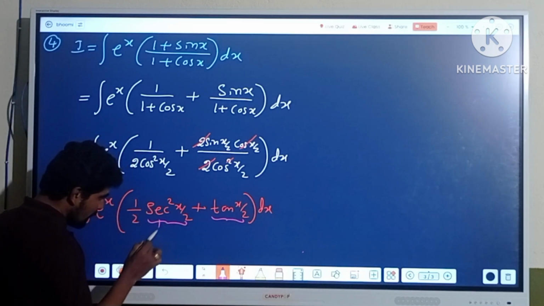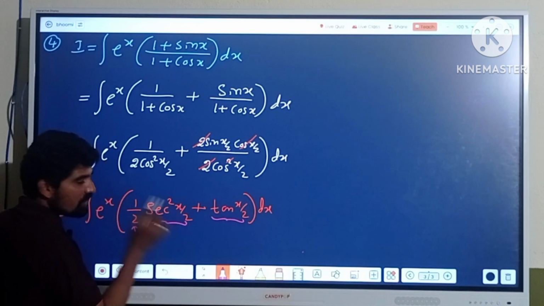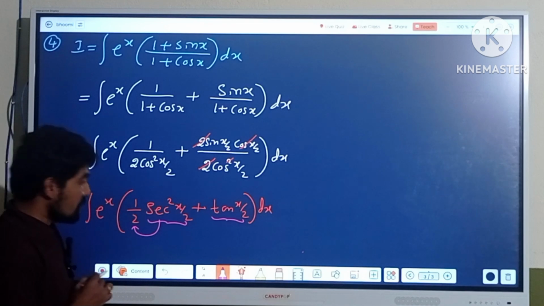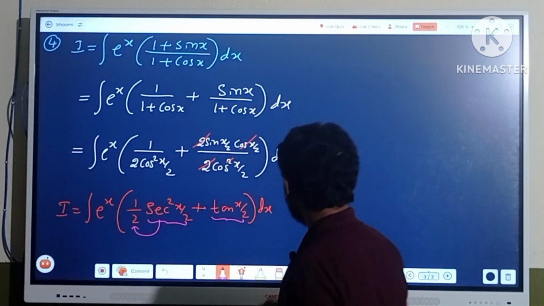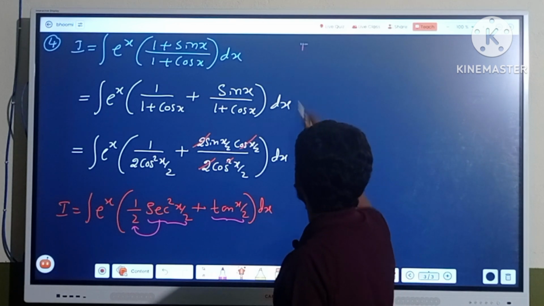Secant square x by 2 into 1 by 2. Derivative of tan x by 2 is secant square x by 2, and then the derivative of x by 2 is 1 by 2. So it means that this I is in the form of what?